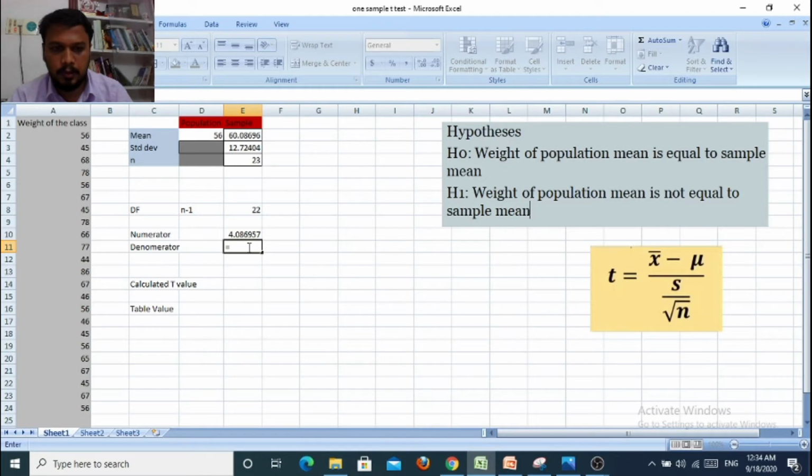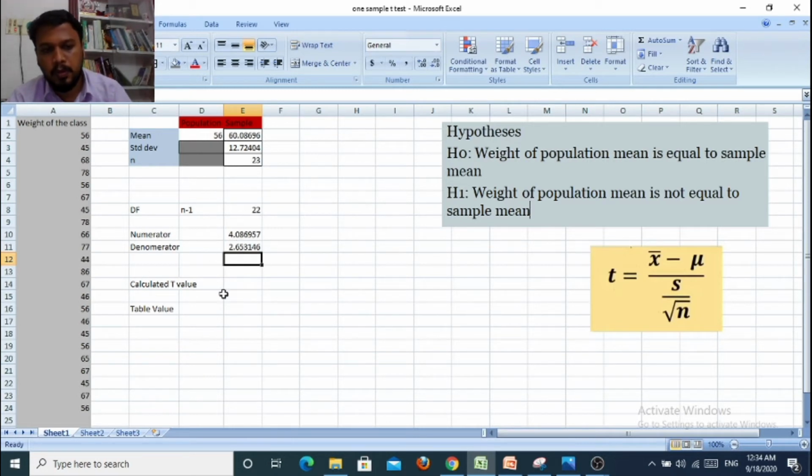It is equal to the standard deviation divided by the square root of this value, that is n, our sample size. Enter, and you get the denominator.